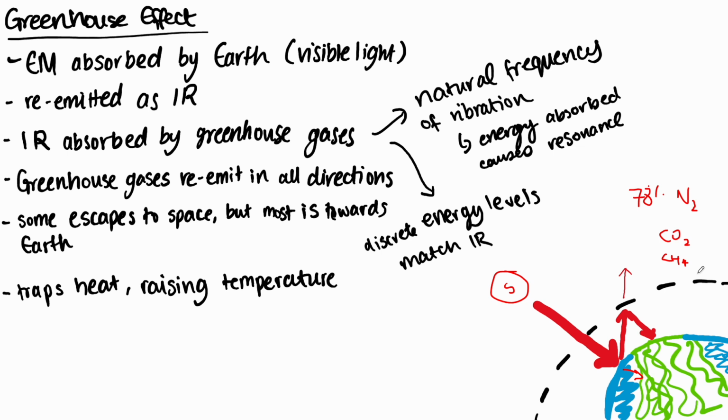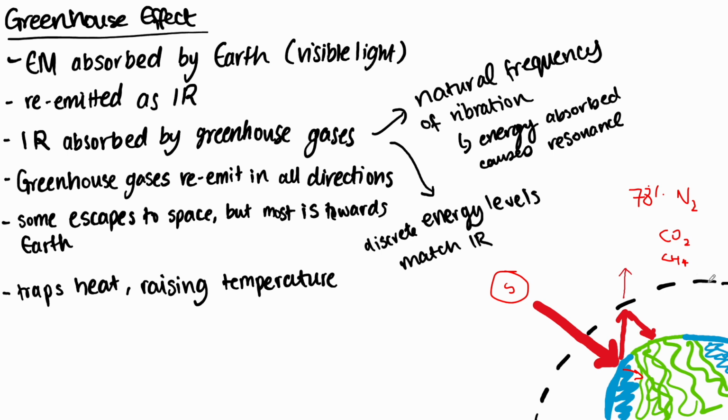You can also look at it in terms of discrete energy levels. For example, nitrogen doesn't have a discrete energy level that matches the wavelength or the frequency of infrared, so it's not susceptible and therefore doesn't act as a greenhouse gas. But the other ones, so CO2, CH4, and so on, their discrete energy levels match infrared, and this can excite them, and then when they de-excite, more infrared is re-emitted in all directions in the atmosphere and also back to the Earth.